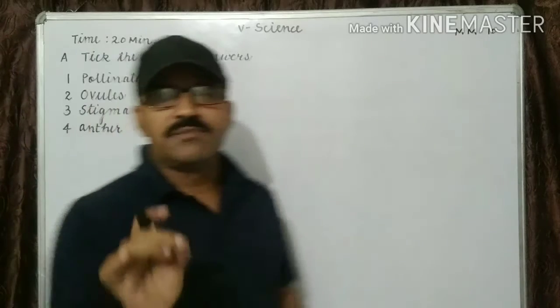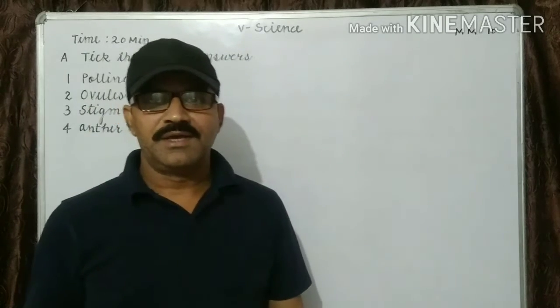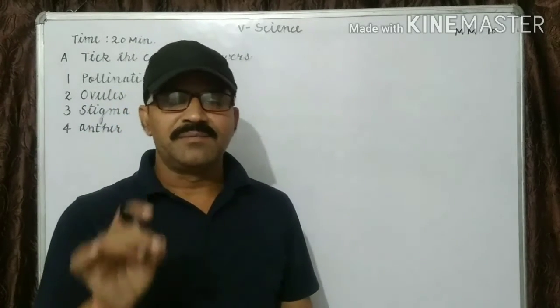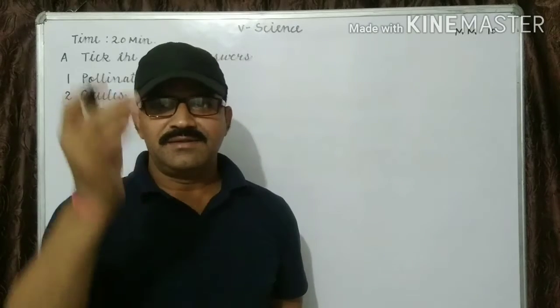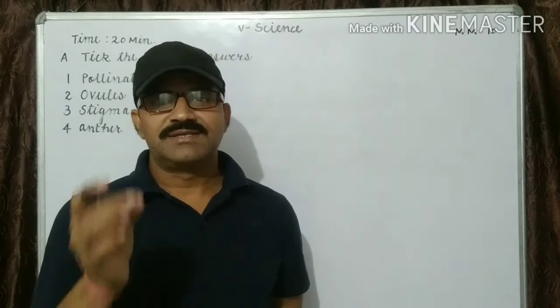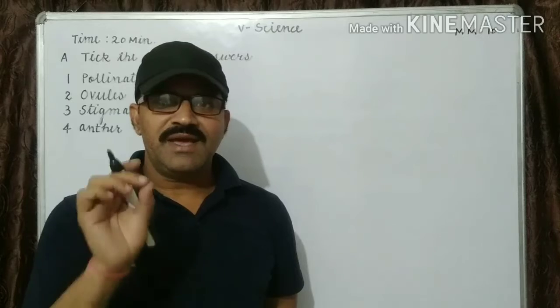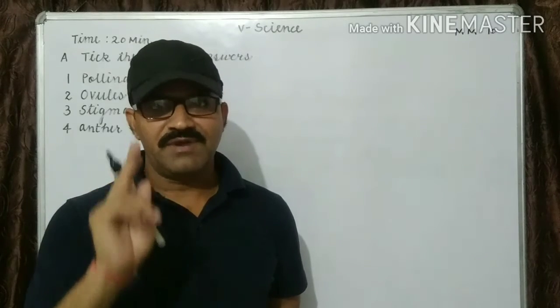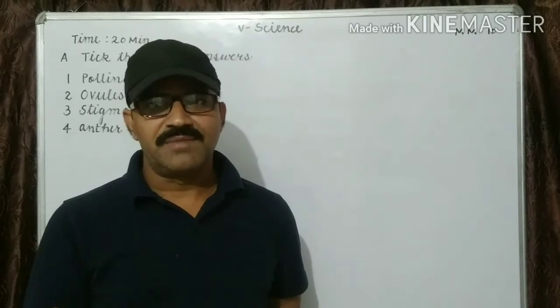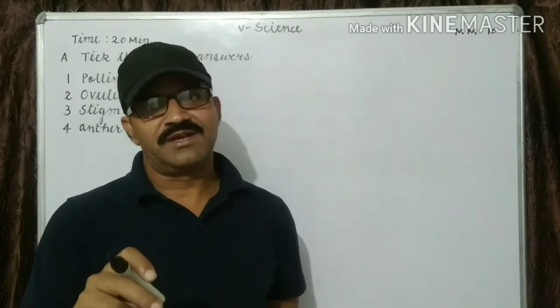Do you know stamen is the male reproductive part? It bears at the tip the anther, and the long stalk is known as the filament. So stamen has two parts: number one anther and second is filament. Anther produces the pollen grains.